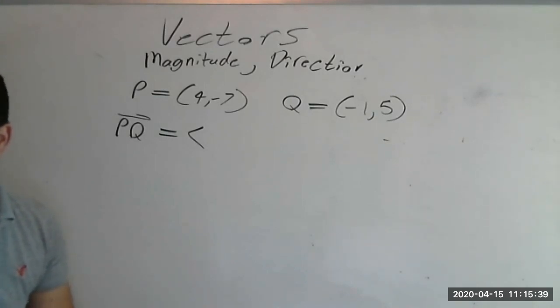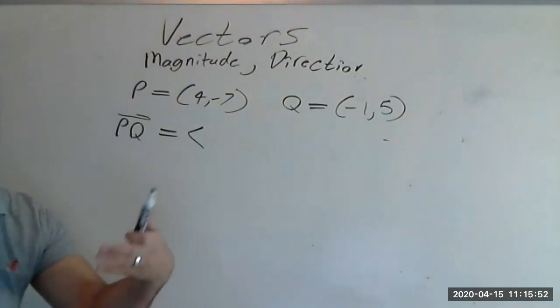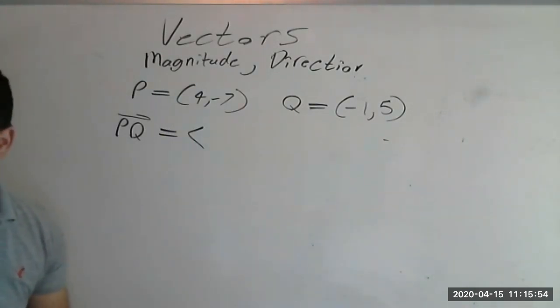The change of x? It's how far the vector goes in the x direction. So what is the change in x, or how far does the vector go in the x direction? 3.